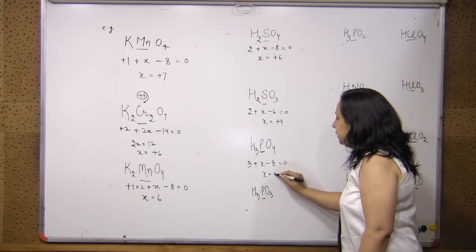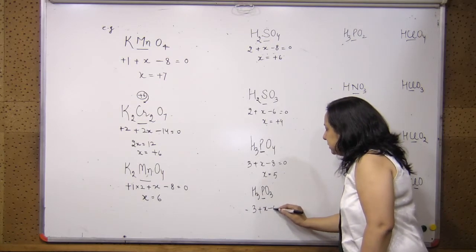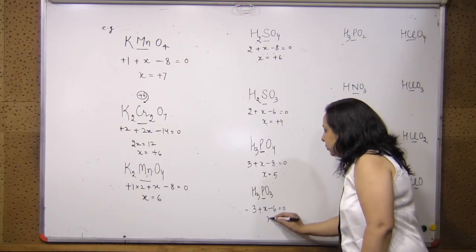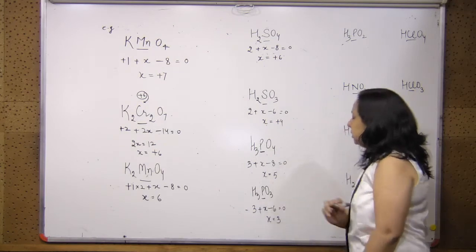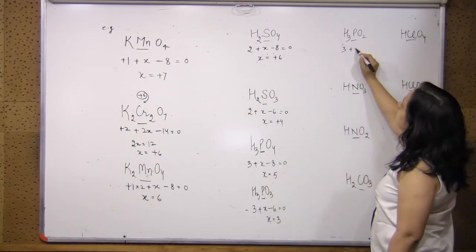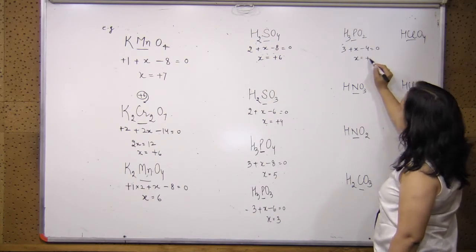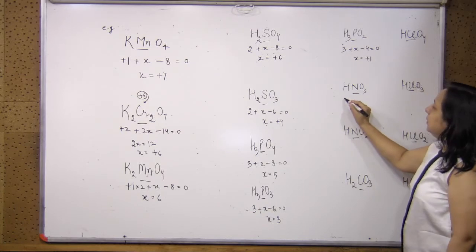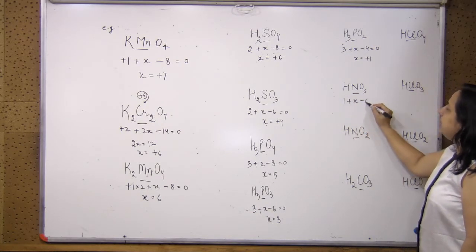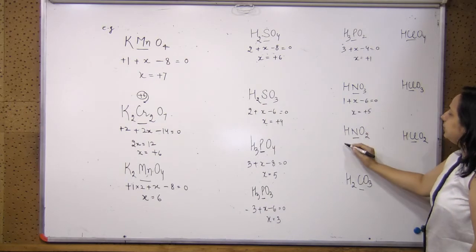X comes out to be 5. H3PO3, 3 plus X minus 6 is 0. X comes out to be 3. H3PO2, 3 plus X minus 4 is equal to 0. X comes out to be plus 1. HNO3, 1 plus X minus 6 is 0. X comes out to be plus 5.